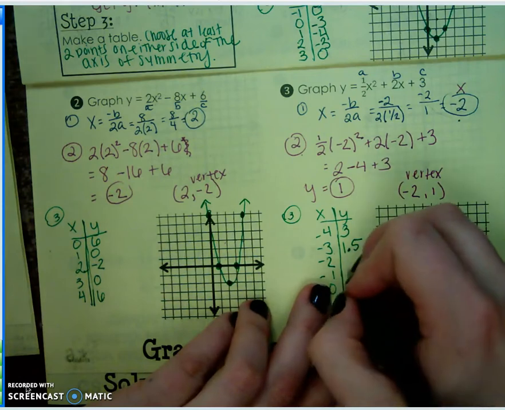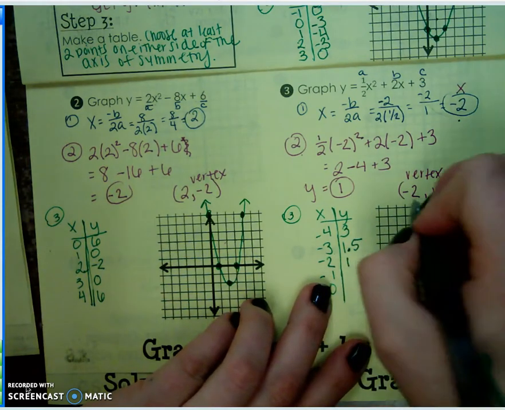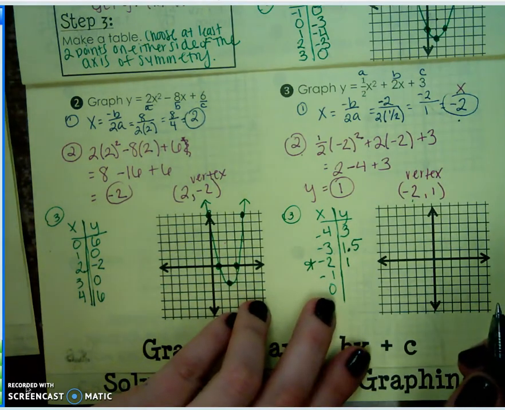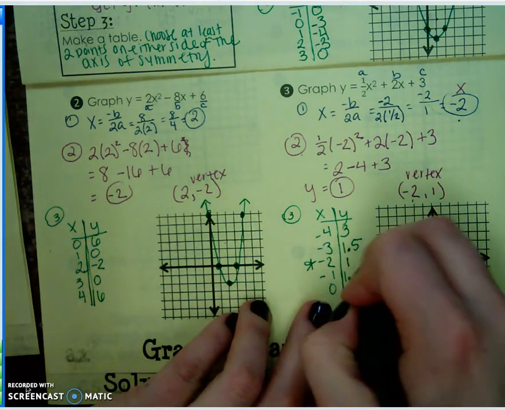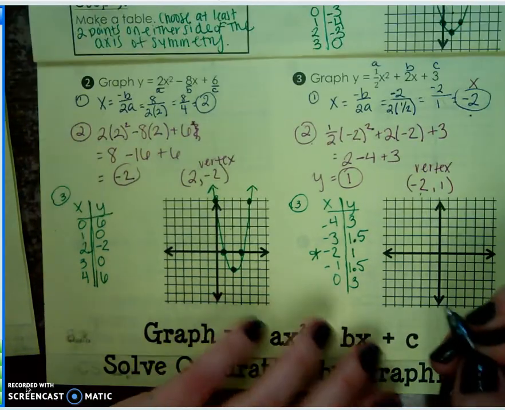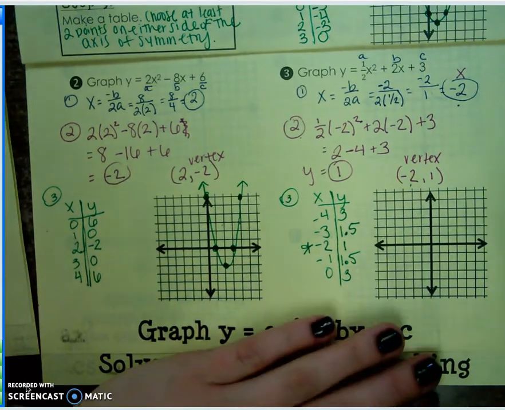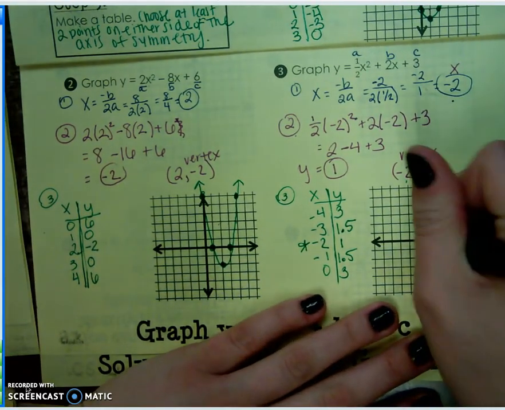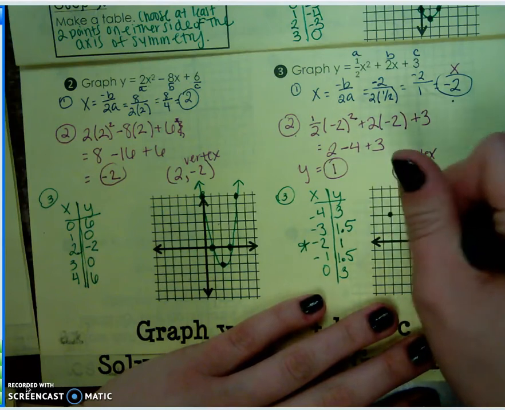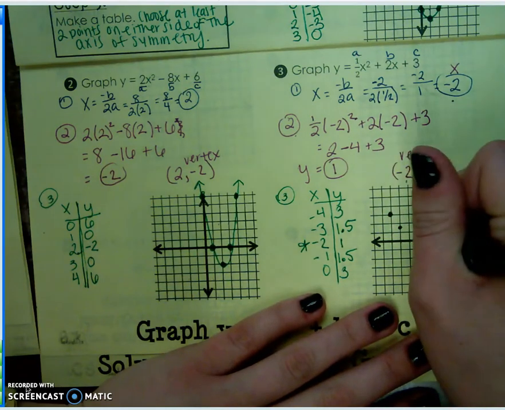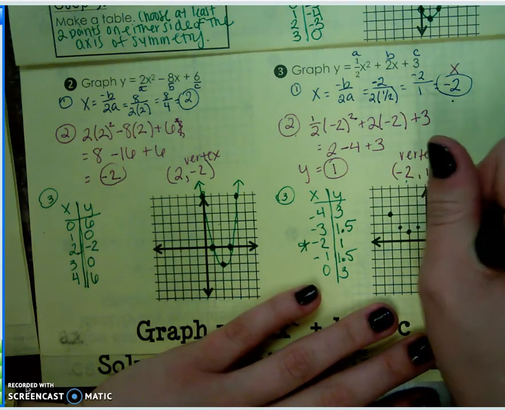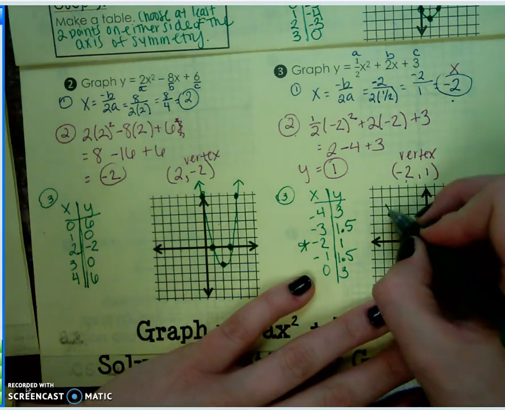Sub in 2, I will get 1, which is also my vertex. Don't forget that. Negative 1, I'm going to sub in and get 1.5. And substitute in 0, and I'll get out a 3. And go ahead and graph those. And there's your parabola.